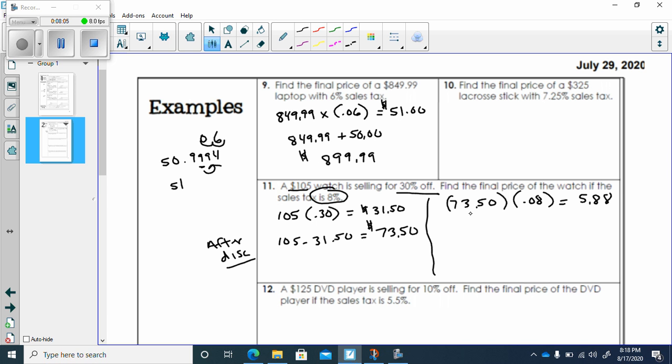So I'm going to add the sales tax to this $73.50. $73.50 plus $5.88 gives me $79.38. That's my final price, $79.38.